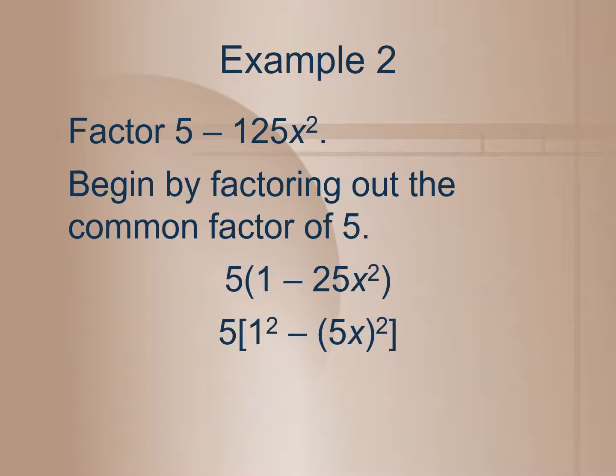Remember, a difference of squares factors to the product of conjugates. So I still have my 5 factor, but now I have 1 plus 5x and 1 minus 5x. I have the product of conjugates, and remember those terms are what are being squared in the difference of squares.